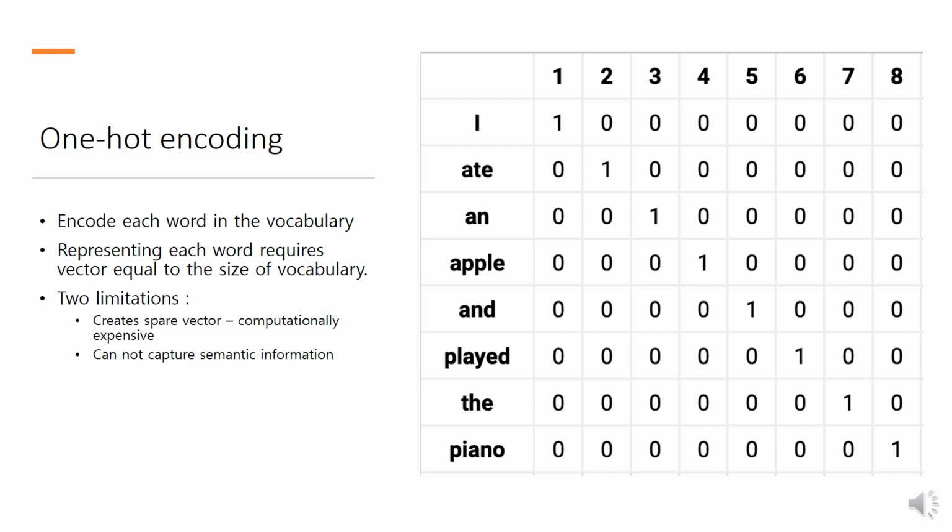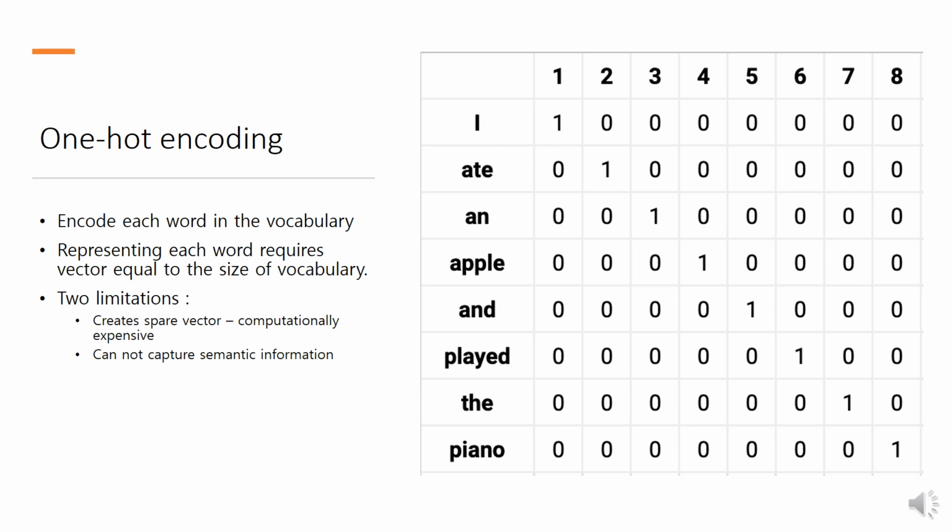To achieve this representation, we create a zero vector with length equal to vocabulary size and then place the 1 in the index that corresponds to the word. As shown in this diagram, you can see here.